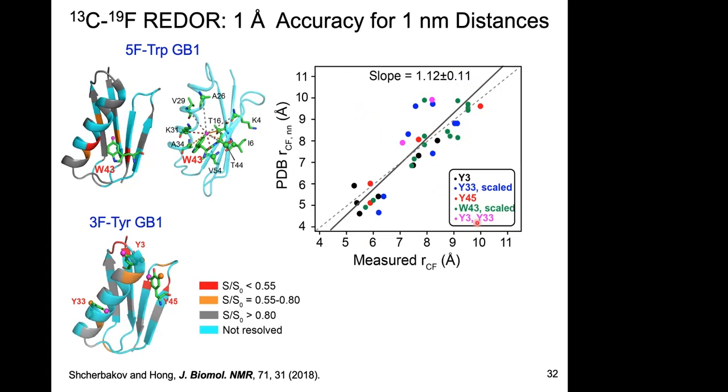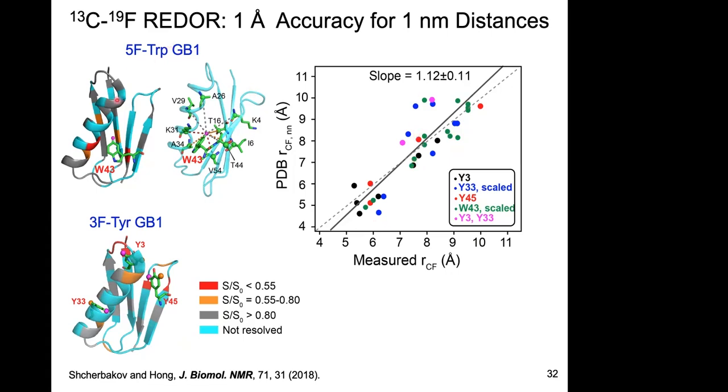And why would it be a little bit shorter? I think this has to do with the fact that one carbon or some of the carbon sites will naturally be sitting in between a couple of fluorines, so they will be seeing the impact of more than one fluorine spin. So the dipolar couplings will look stronger than the distance warrants. And so that's probably why you have a slope that's a little bit higher than 1.